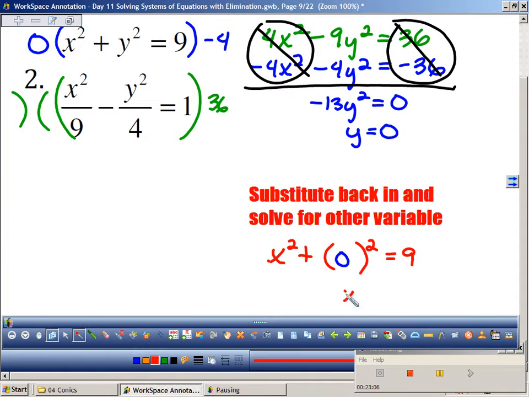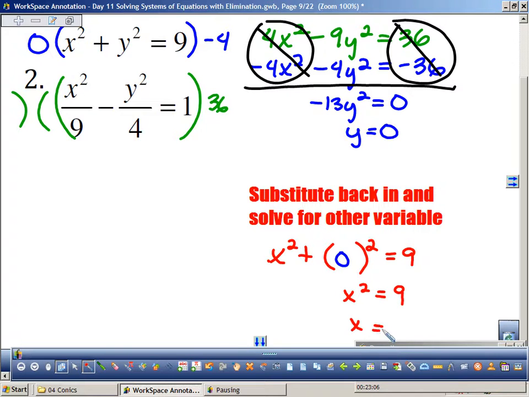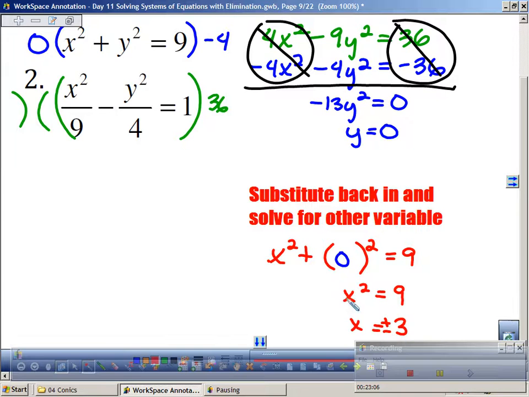So this ends up being x squared equals 9. So x equals not just 3, positive and negative 3. Because if I put a negative 3 in there and squared it, wouldn't it be 9? Right? So it's both of them. So my solution is actually 2 different points.